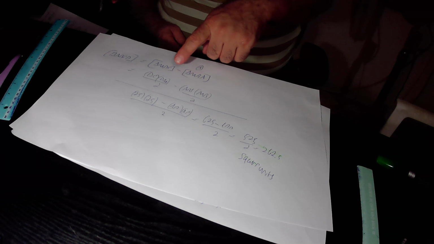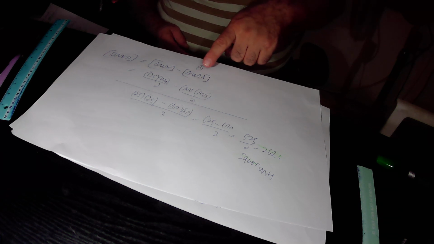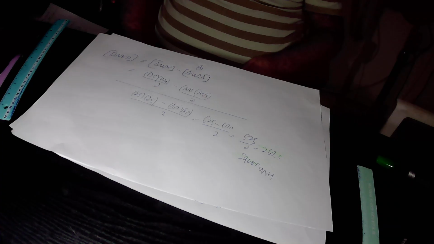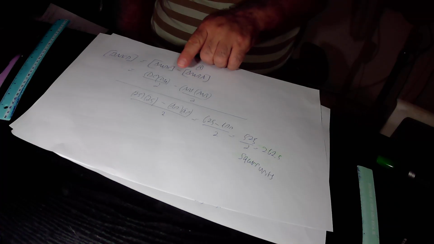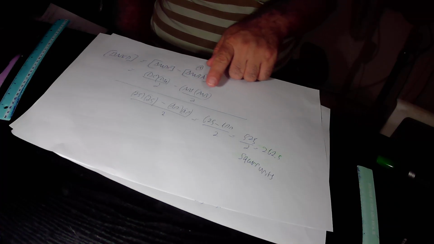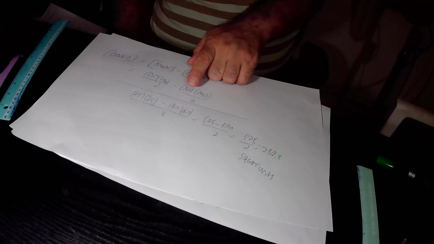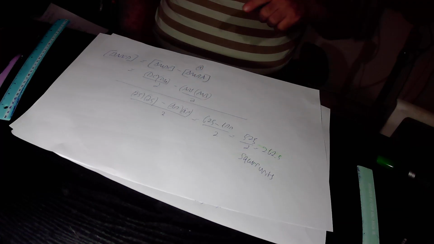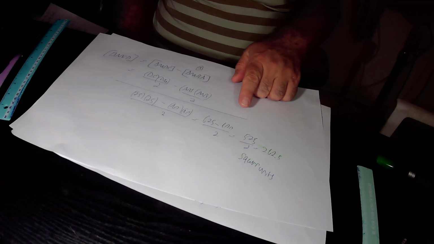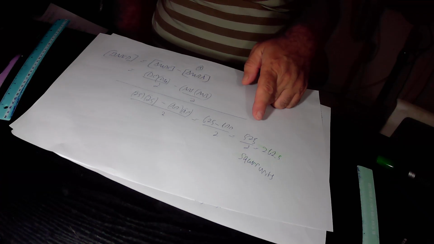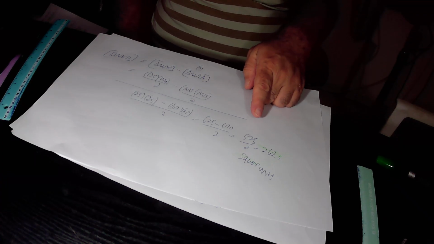DC is 25, DM is also 25, minus AB is 10, MB is also 10, divided by 2. 25 times 25 is 625, minus 10 times 10 is 100, divided by 2. 625 minus 100 is 525 divided by 2. 525 over 2 is 262.5 square units in size.